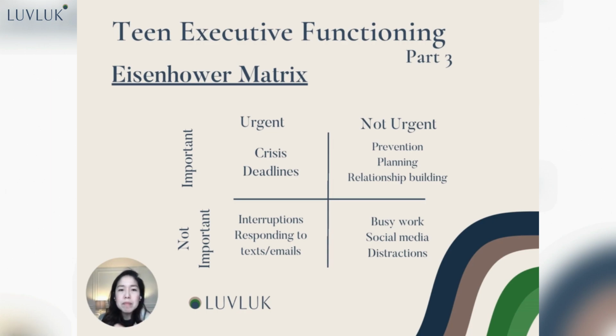Okay. On the upper right-hand corner is the area that's dedicated for things that are really important, but maybe not so urgent at that time, okay? So things like prevention, things like long-term planning for things that are coming up in the future.